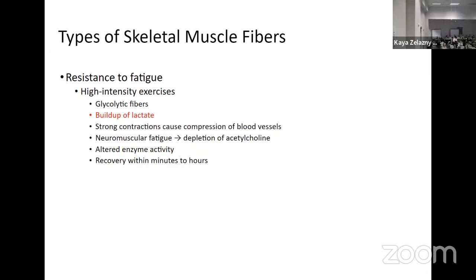We also have the buildup of lactate, right? In order to keep doing glycolysis, we need glucose. We're turning it into pyruvate. In that process, we took our electron carrier NAD+, tacked on a hydrogen to make it NADH. We need to get that initial condition back so that we can keep doing glycolysis.